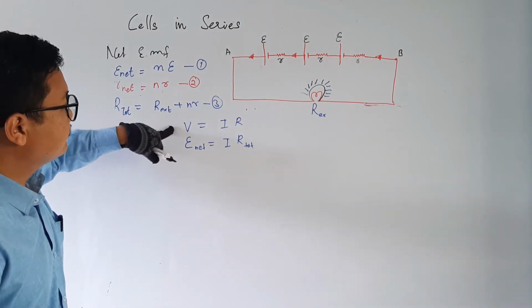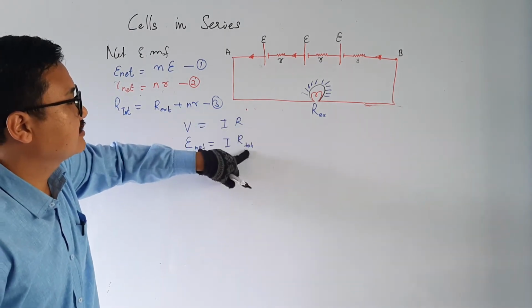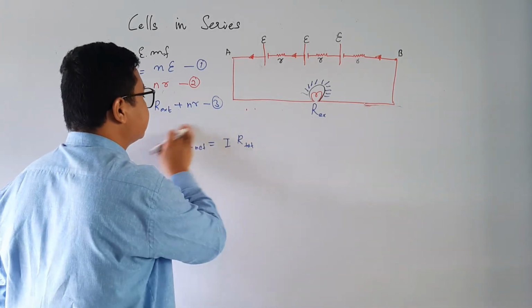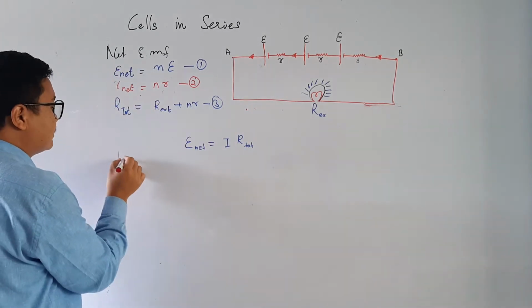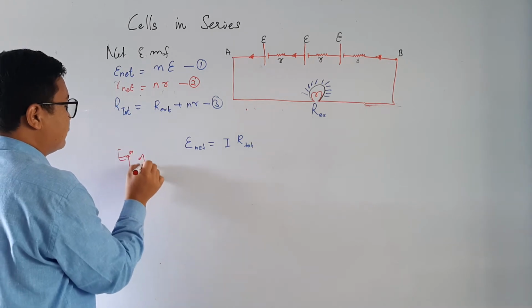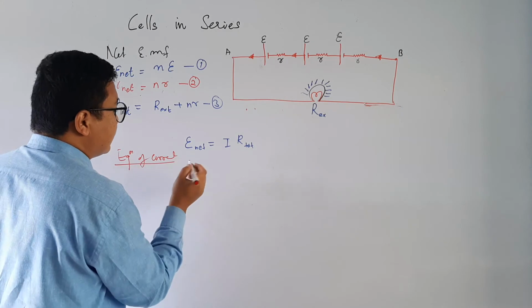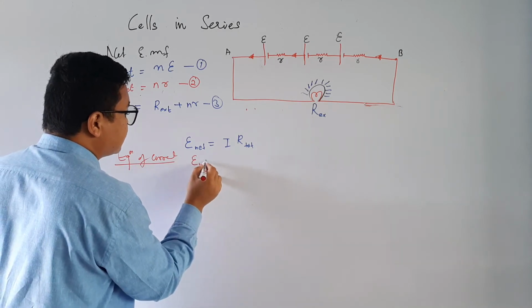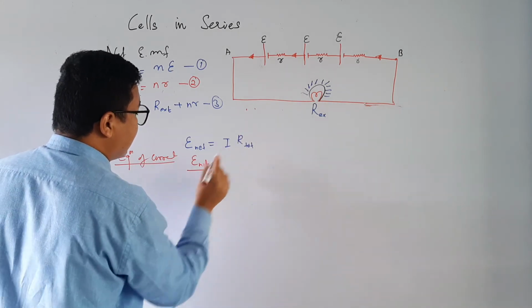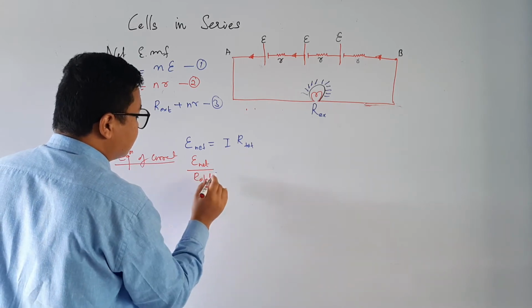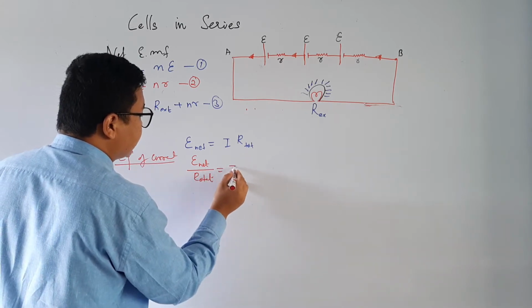Both are potential difference. Current is I and R is R total. So then how much will be the current? It is very important, the equation of current. So then what do I get? I will have E net, I will divide it with R total, and this will be equal to I.